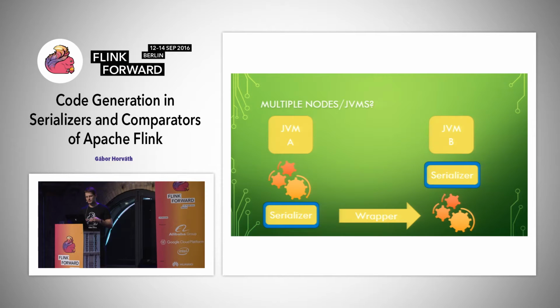So basically, now, if we send the wrapper over to another JVM, the JVM looks up the source code from the wrapper, it compiles the source code, so it will have a class, and it can instantiate it, and finally we will have our serializer on the other JVM.